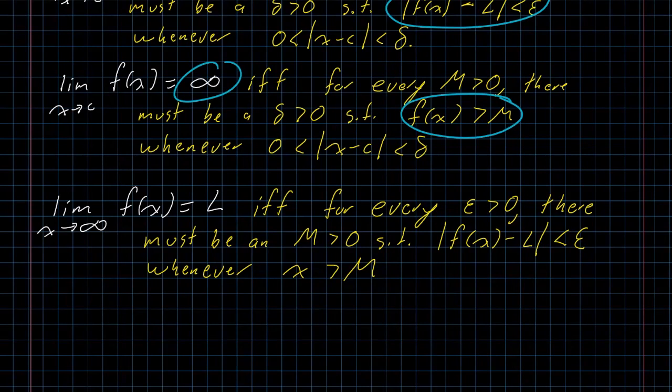We replace the 0 less than the absolute value of x minus c less than delta with x greater than M, and we get that this limit is true if and only if for every epsilon greater than 0, there must be an M greater than 0 such that the absolute value of f of x minus L is less than epsilon whenever x is bigger than M.